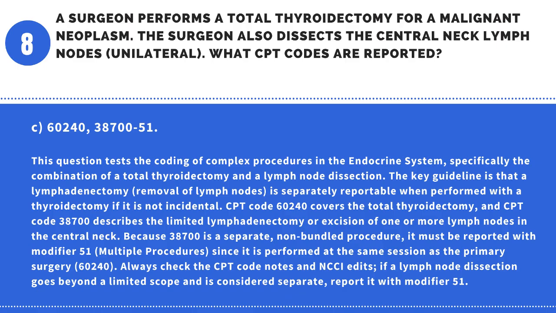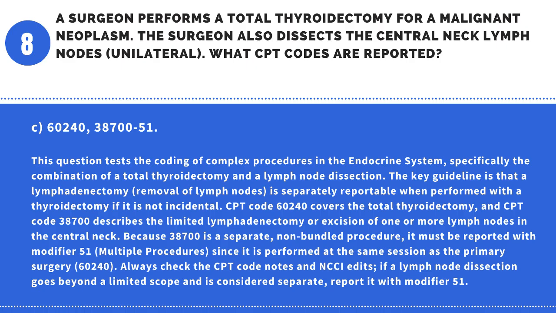The key guideline is that a lymphadenectomy, removal of lymph nodes, is separately reportable when performed with a thyroidectomy if it is not incidental. CPT code 60240 covers the total thyroidectomy, and CPT code 38700 describes the limited lymphadenectomy or excision of one or more lymph nodes in the central neck.